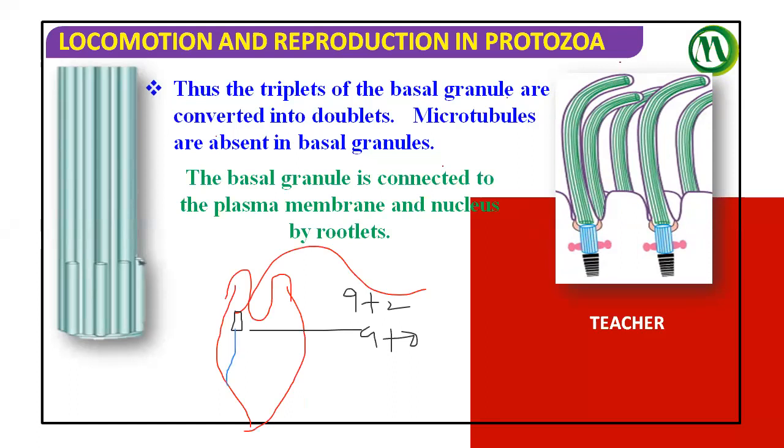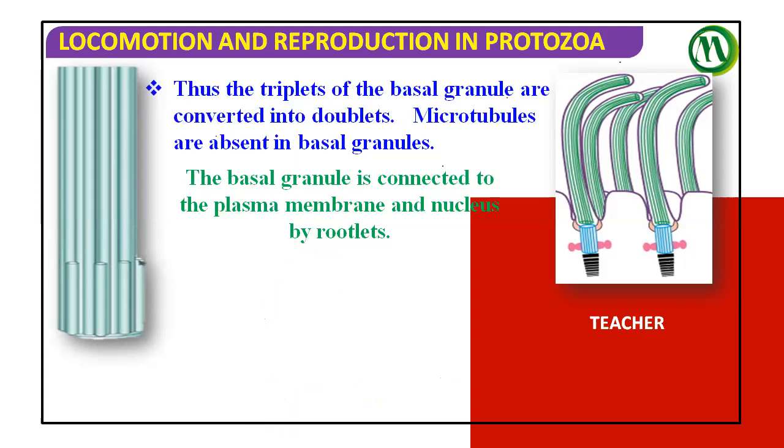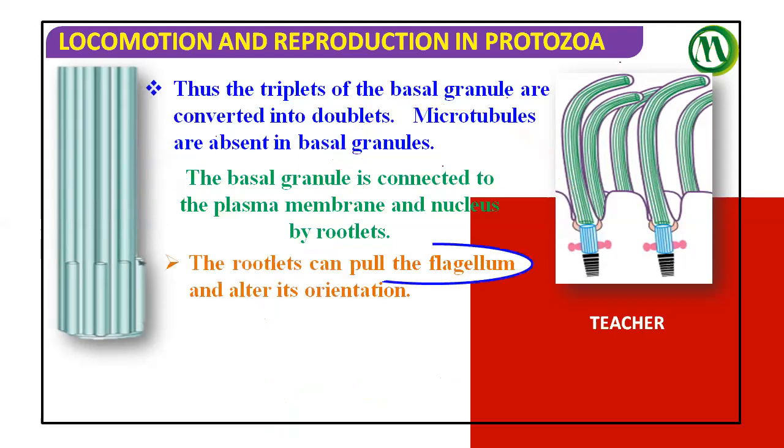Here it is. The basal granule is connected to the plasma membrane and the nucleus. Here, rootlets are also connecting to the nucleus, regulating the movement of the basal granule followed by the movement of the flagellum. They can pull the flagellum and alter its orientation also.